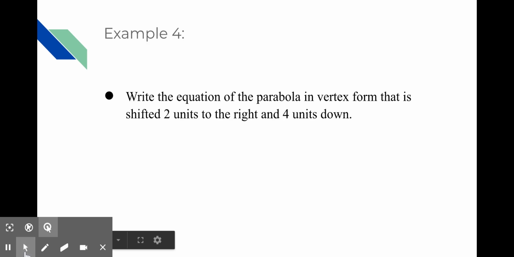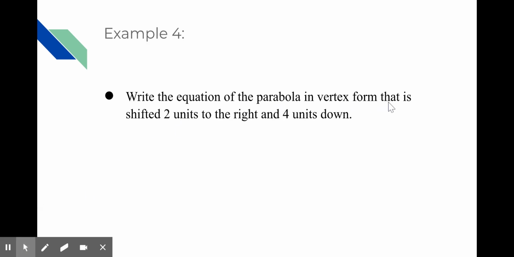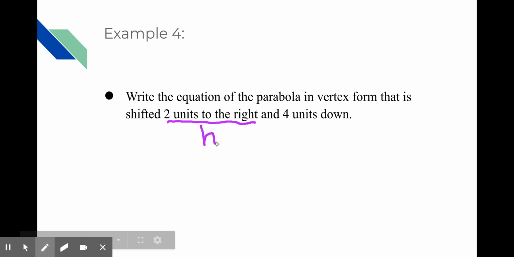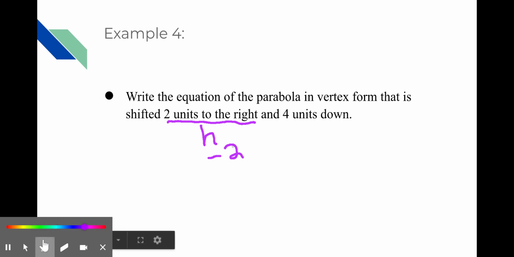Okay, so let's try this. It says write the equation of the parabola in vertex form that is shifted 2 units to the right and 4 down. So 2 to the right, this is going to be our h. And since it says to the right, it means it's going to be negative 2 in our equation.